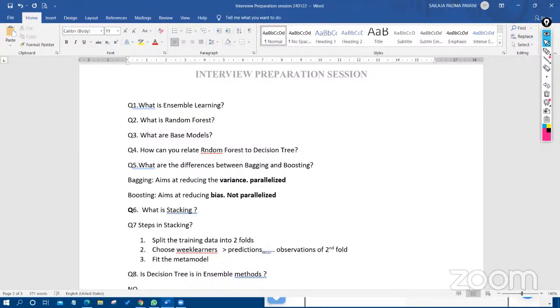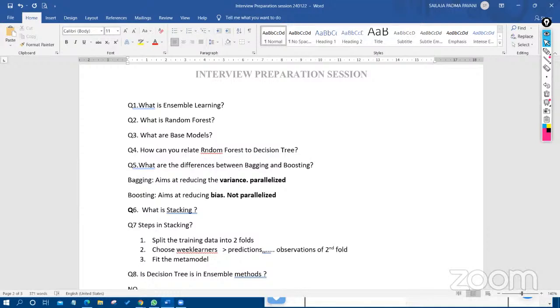And next, random forest. In that random forest, we went through base models. Last question for this session: what is another name for base model? Weak learners.